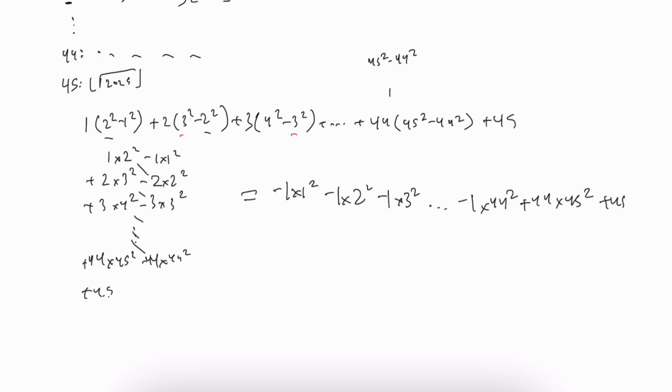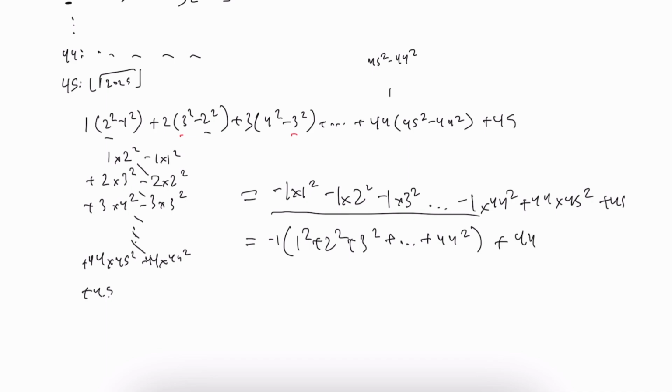And so now we just have a sum of squares. This is equal to minus 1 times 1 squared plus 2 squared plus 3 squared all the way to 44 squared, plus 44 times 45 squared, plus 45.